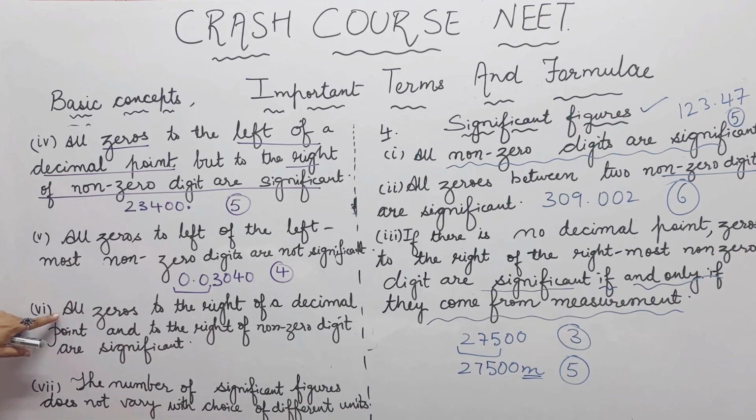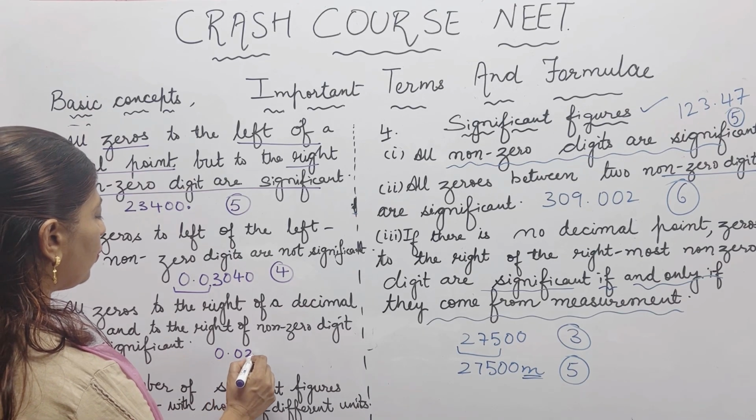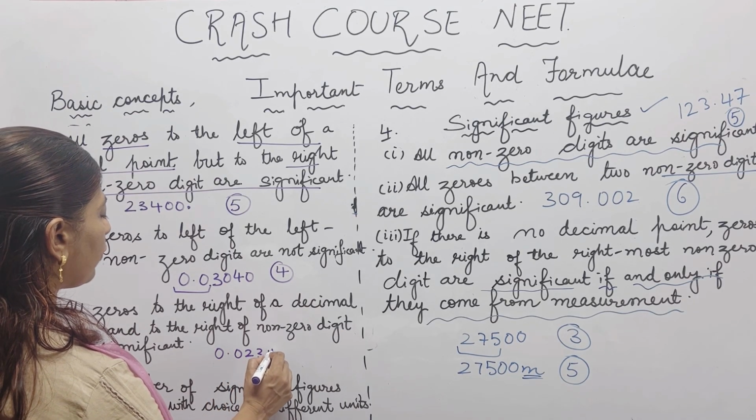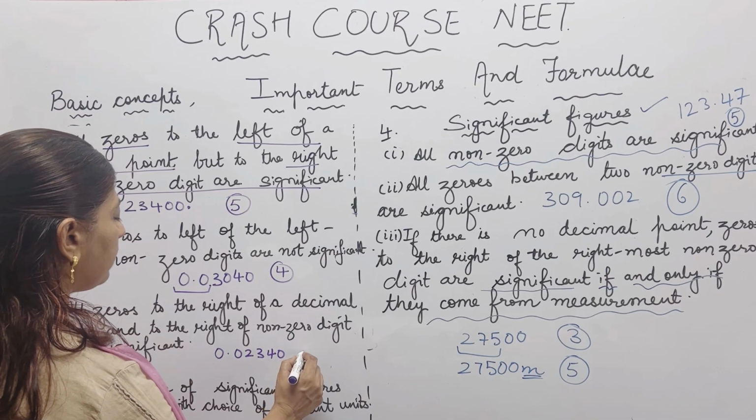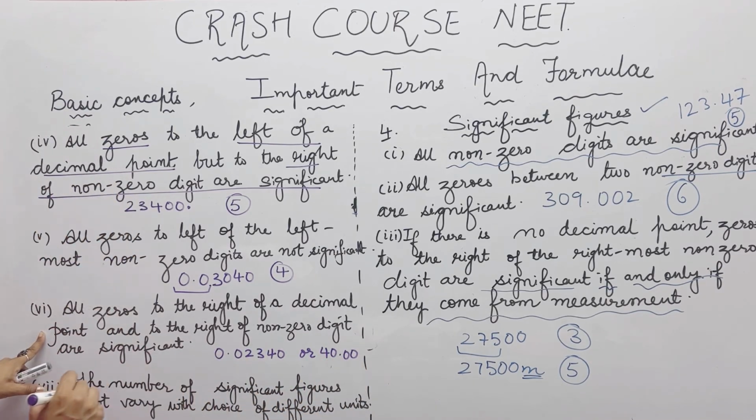The next is all zeros to the right of a decimal point and to the right of a non-zero digit are significant. It means that if the number is 0.02340 or 4.400, then according to this rule, the zeros to the right of a decimal point and to the right of a non-zero digit are significant.